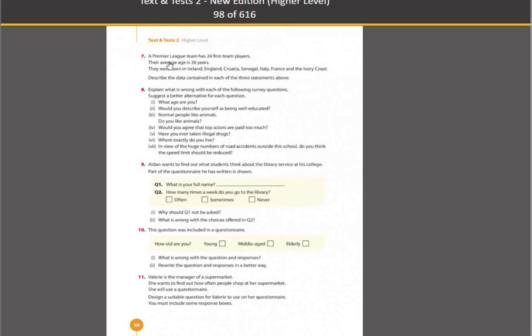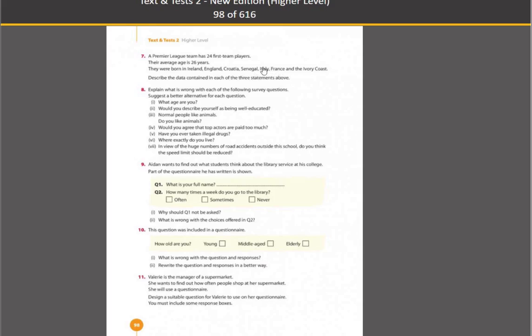Okay, what else are we being given? All right, we're told then that their average age is 26 years. So the average age is 26. That's the data that we're being given in that statement. And they were born in various different countries.